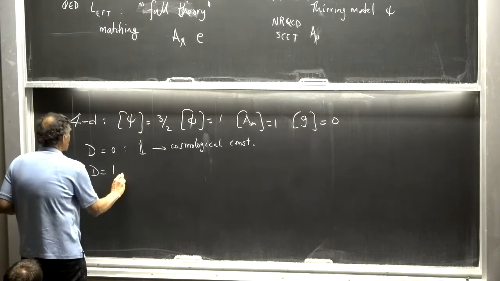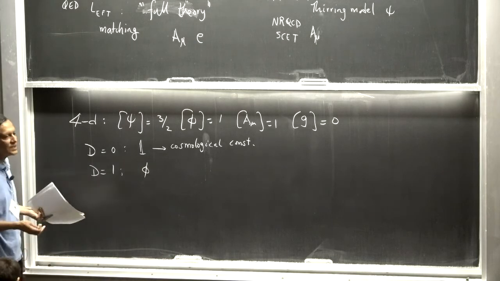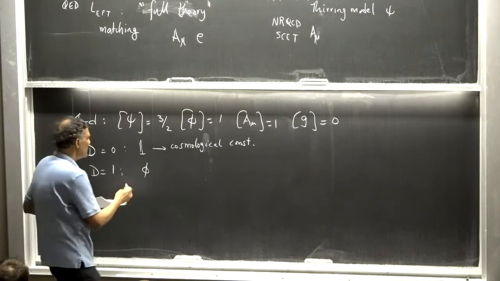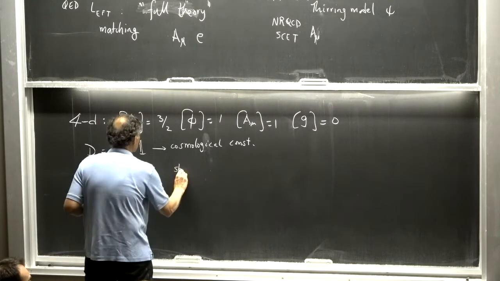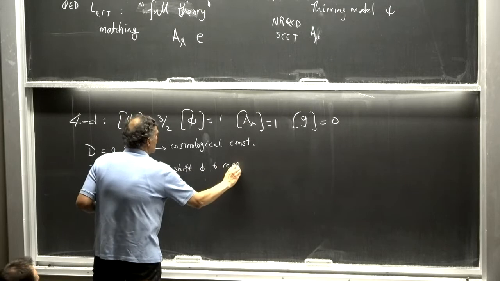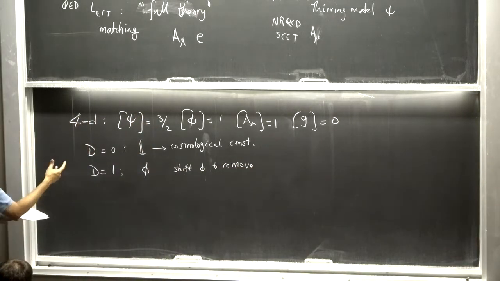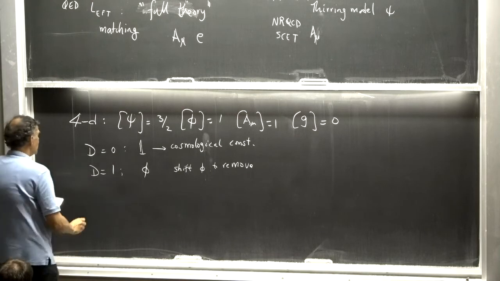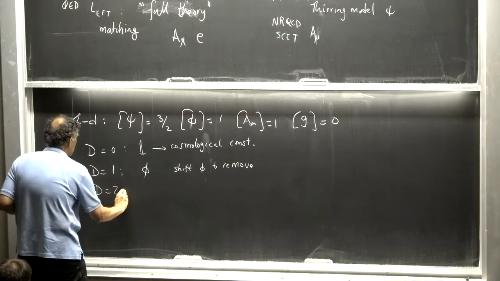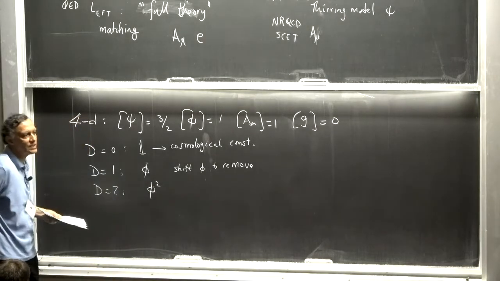Okay, then at D equals 1, all you can have is a phi. But usually you don't have this because you can shift phi to remove it. And often your theory has a phi goes to minus phi symmetry, and there are no such terms. So the first interesting one is phi squared at dimension 2, which is the scalar mass.